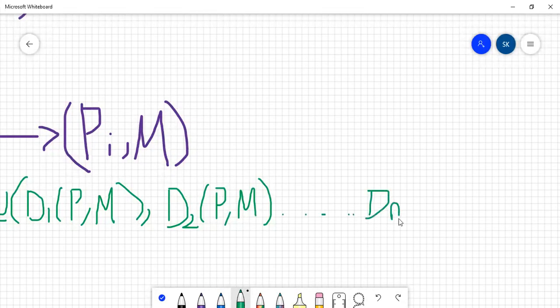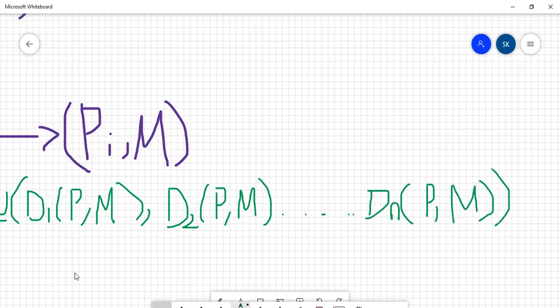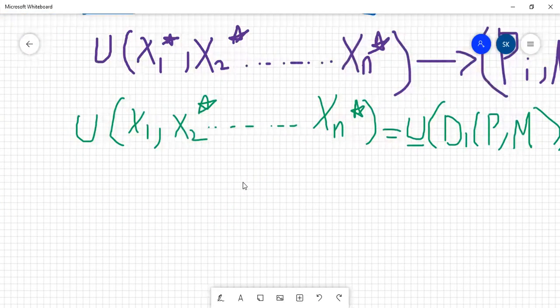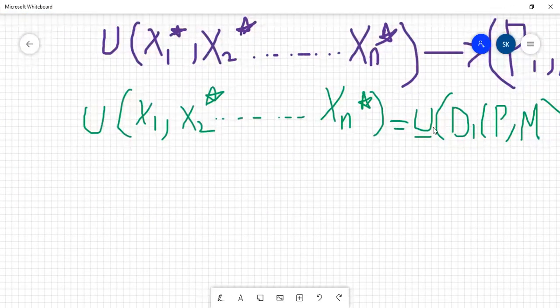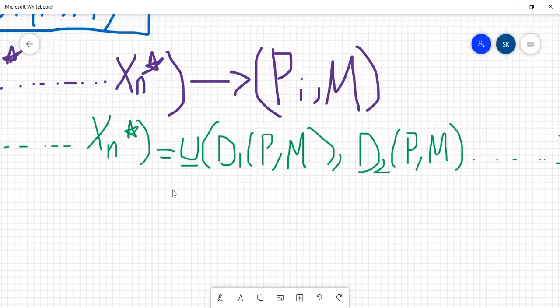DN into PM. That is the prices of the goods and of course the money income of the consumer. Now the bracket closes over here. So what comes next is again simplify this particular equation, the one that we wrote now.